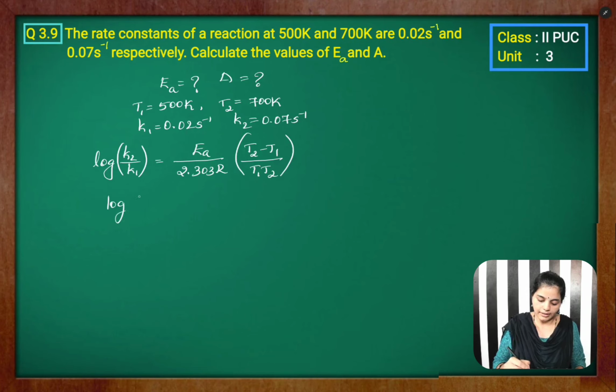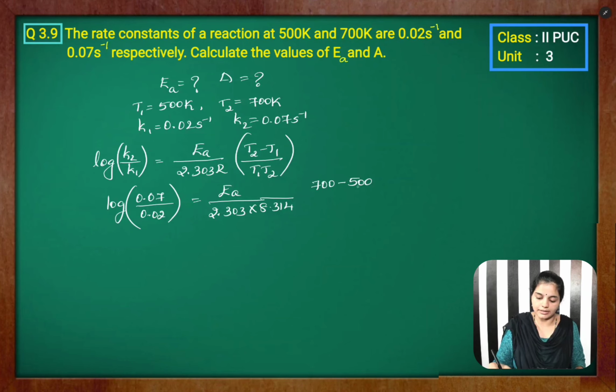Log K2 is 0.07 divided by K1 is 0.02, equal to Ea, which is what we have to calculate, divided by 2.303 into 8.314, into T2 is 700 Kelvin minus T1 is 500 Kelvin divided by 500 into 700.